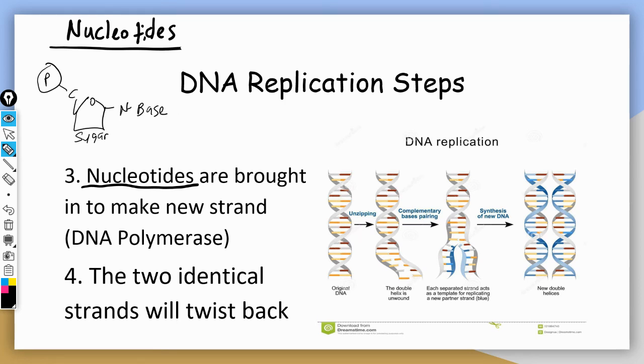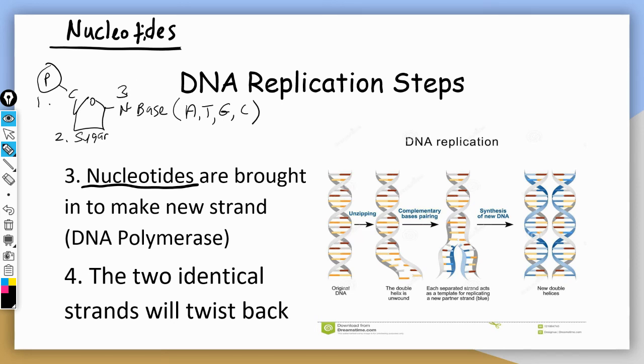And so when we were looking a second ago at that diagram of DNA replicating, we saw the A's paired with T's and the G's paired with C's. So those letters represent the nitrogenous base of the nucleotide. And remember, nucleotides have those three parts: a phosphate group, a sugar, and a nitrogenous base.